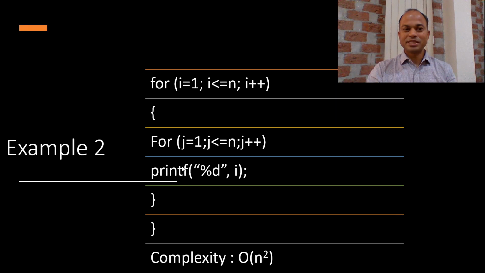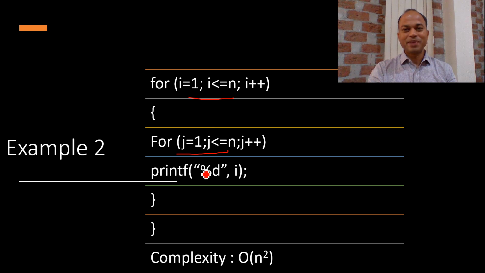Now I'm presenting example 2. In this example, we have two for loops. This is the first for loop and this is the second for loop. The first, outer for loop executes n times, and the inner for loop also executes n times. The total number of times this loop executes is n multiplied by n, that is n square.